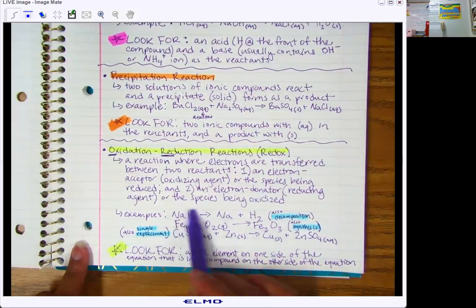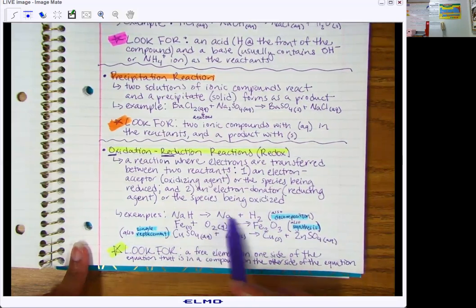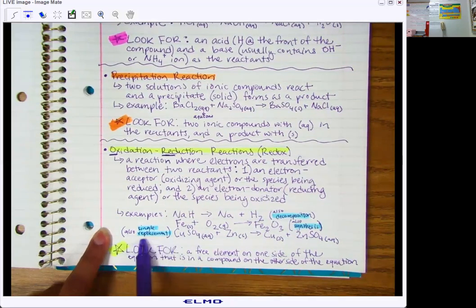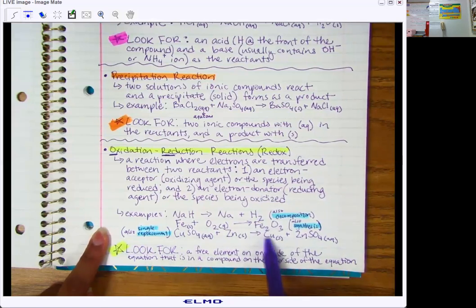This is a decomposition reaction because we have one large compound being broken down into smaller parts. For this copper sulfate and zinc reaction, this is a single replacement. And we can see that copper and zinc are switching places in the reaction. So first we start with copper sulfate and zinc. Now copper switches places with zinc so that we have zinc sulfate and solid copper.